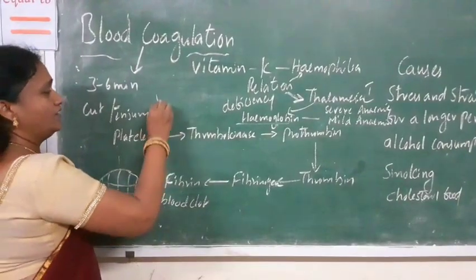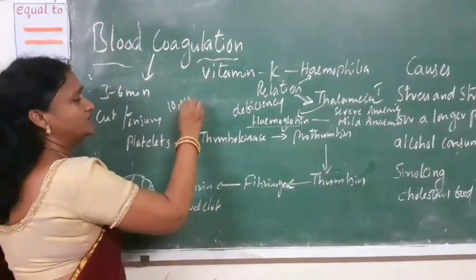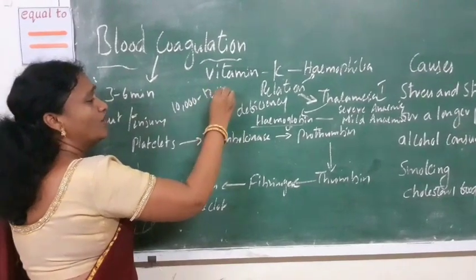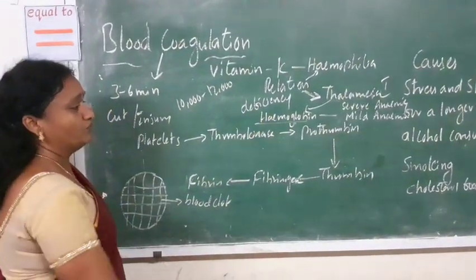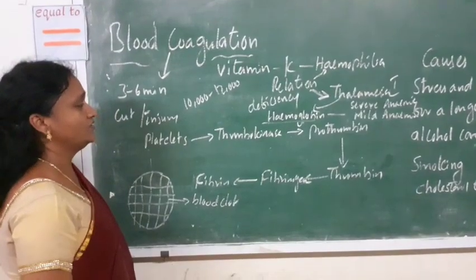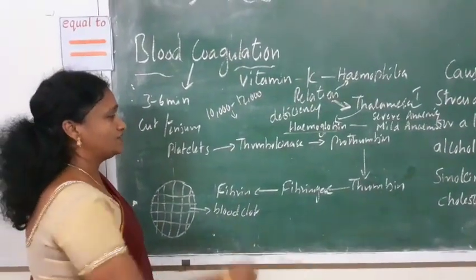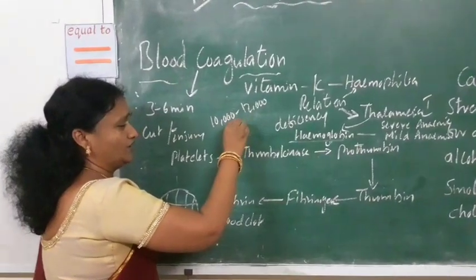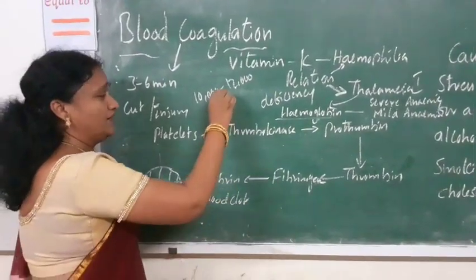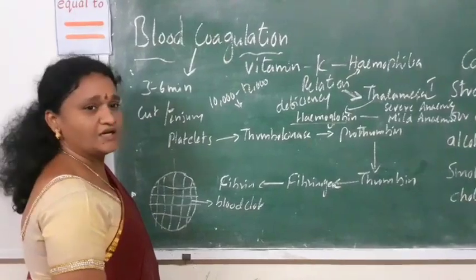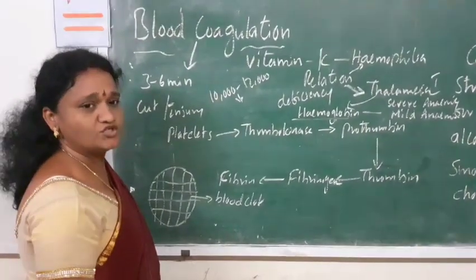Nearly 10,000 to 12,000 children are born every year with this thalassemia disease. The main cause is marrying blood relations, so you should not marry blood relation people. Pre-marital screening should be done.